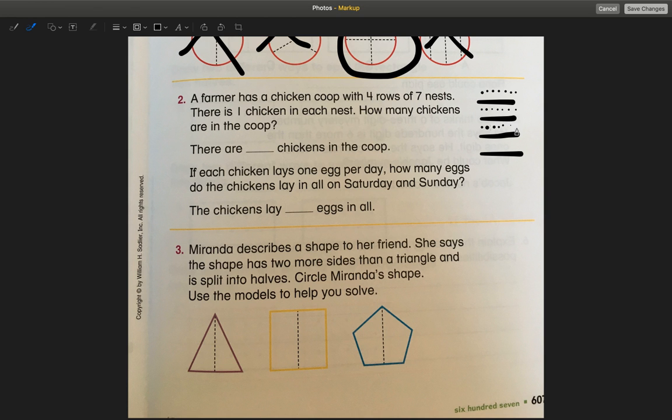Ooh, that one's really small. 7. I encourage you guys to follow along. 1, 2, 3, 4, 5, 6. Oh, that one's so itty bitty. There, 7. Now, so we have 7 in each one.